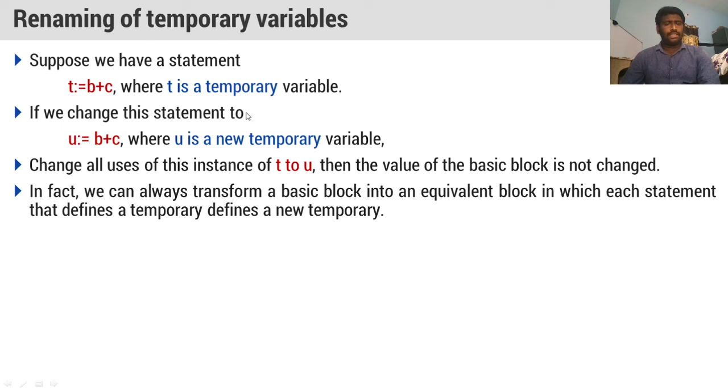Now if we change this statement to u equal to b plus c, another temporary variable is being used. We will change all uses of this instance of t to u, so that the value of the basic block will not be changed. Like that we can make some transformations. This is called renaming of temporary variables.